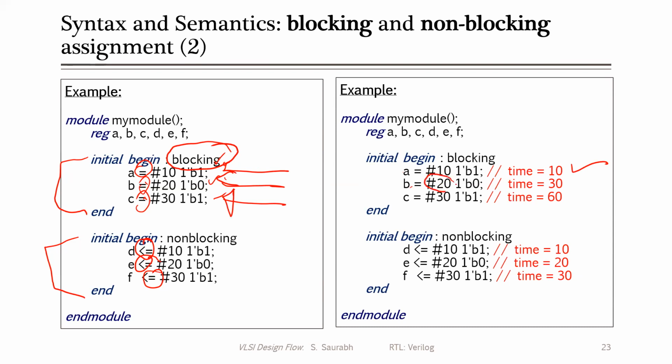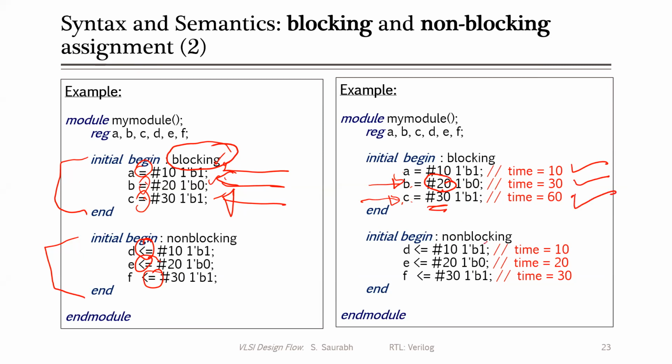The delay is 20, meaning that 10 plus 20, after 30 time units, B will be updated. Once B is done, then C will start executing, and there you have a delay of 30. So 30 plus 30, 60. So C will be updated at 60 time units.